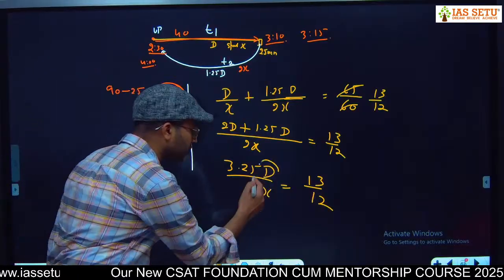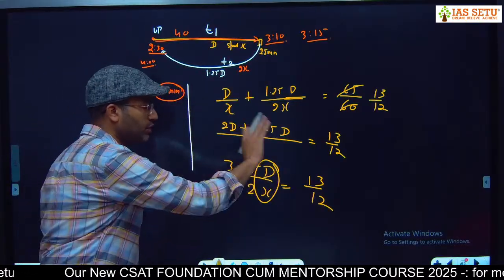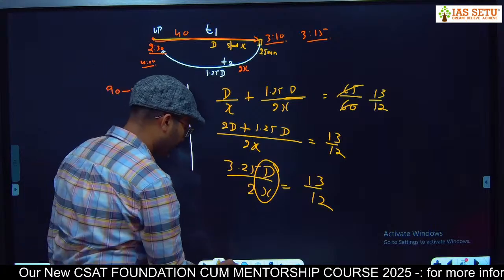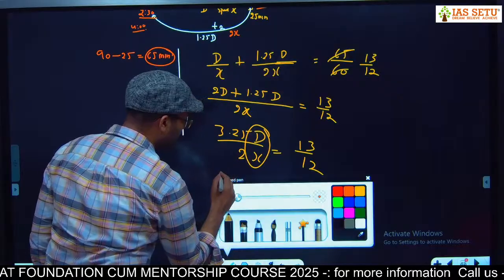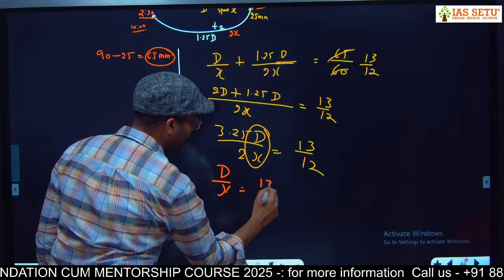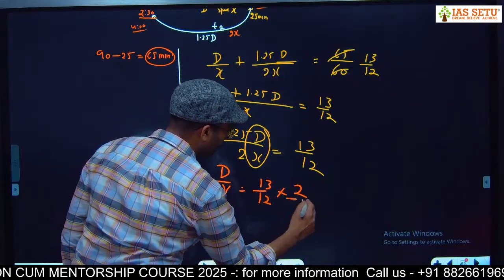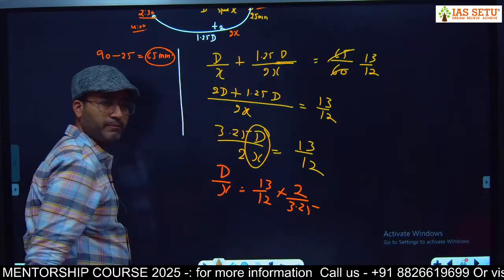Can you find what is d by x? उसको उल्टा कर दो तो वही निकालना है, what is d by x. ठीक है, what is d by x is 13/12 into 2 upon 3.25.